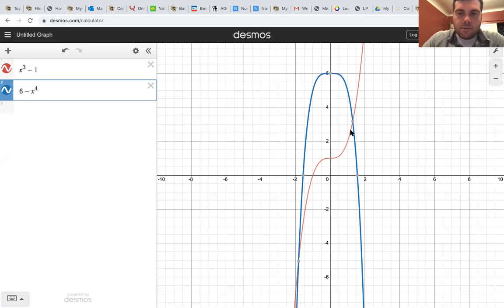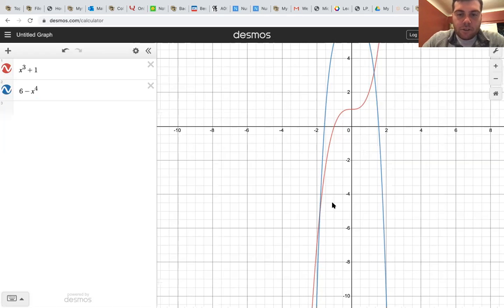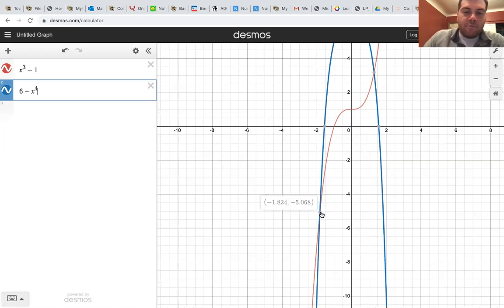So that gives us two solutions, and the software actually maps out the solutions for us. We see we have one at x equals 1.296, comma 3.178, and then we have another solution down here at negative 1.824, comma negative 5.068.